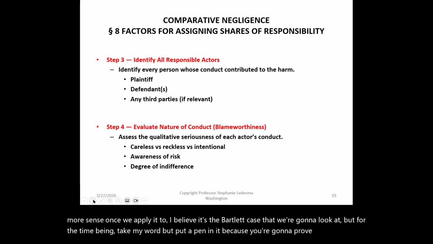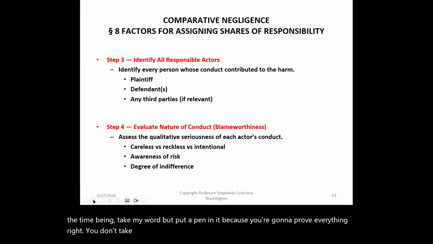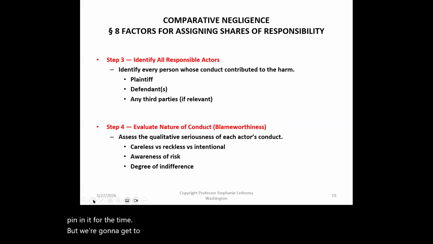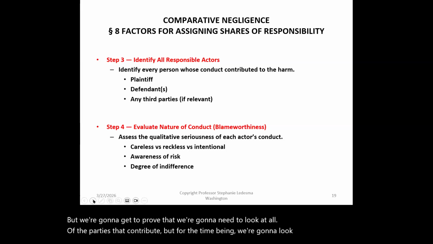You don't take anybody's word as authority. You prove it yourself. So we're going to put a pin in it for the time being, but we're going to get to prove that we're going to need to look at all of the parties that contribute. But for the time being, we're going to look at the plaintiff and the defendant.